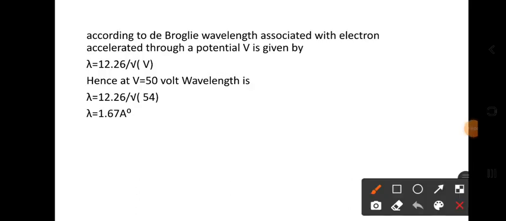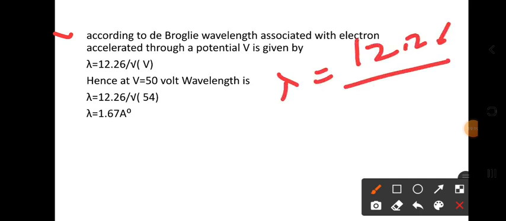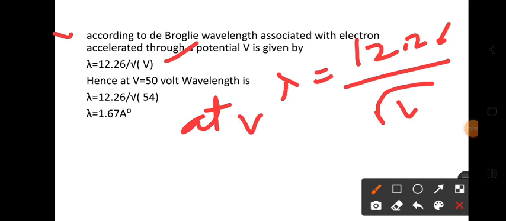Next, according to de Broglie, the wavelength associated with an electron accelerated through a potential V is given by the equation lambda equals 12.26 by root V. The bump is most prominent, that is maximum, at V equals 54 volts. Substitute the V value at this point.